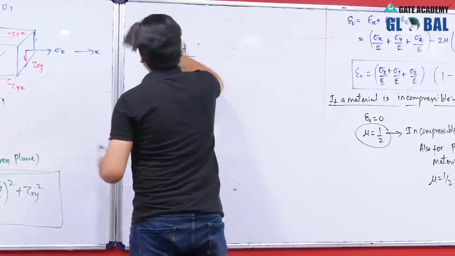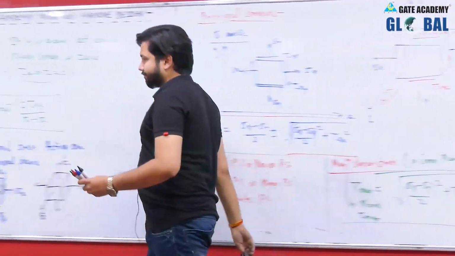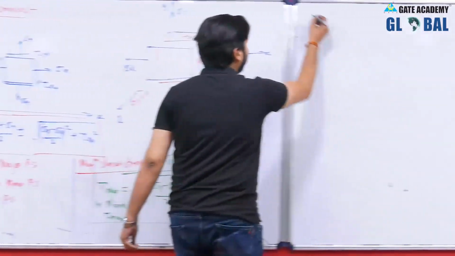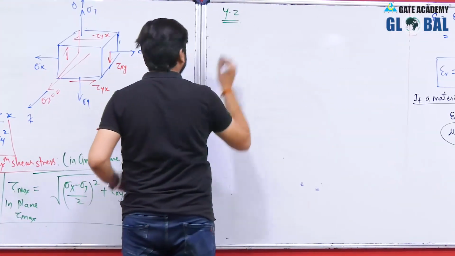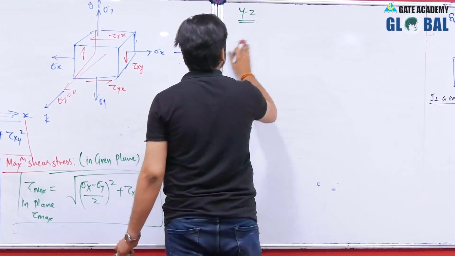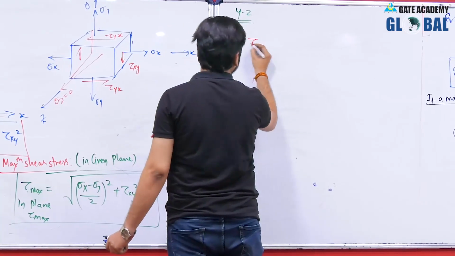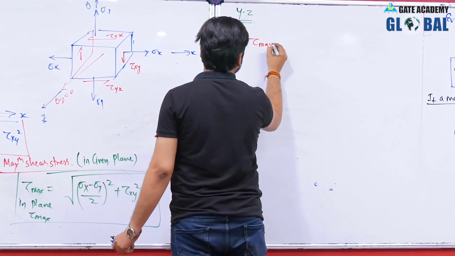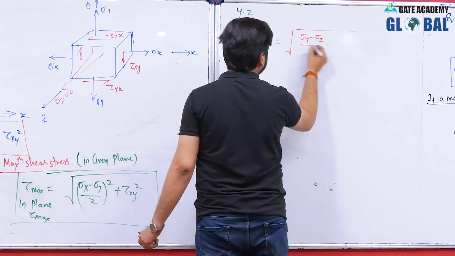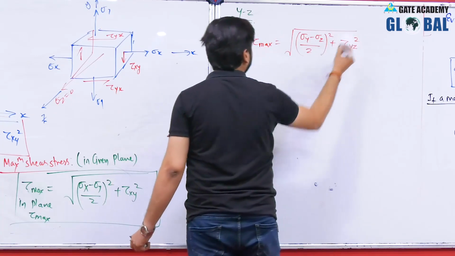You can apply the same formula for the different planes. So, if you write the same formula in yz plane, tau max is equal to root over ((sigma y minus sigma z) by 2) whole square plus tau yz square.